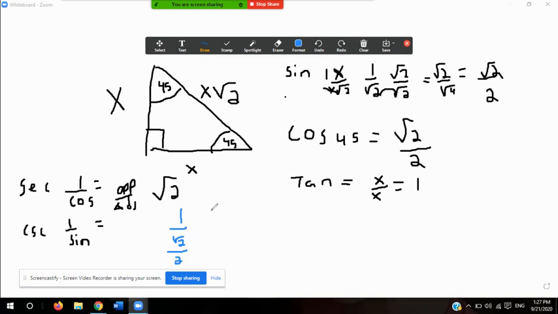And remember, 1 times 2 over the square root of 2, which is what happened in your book. And that would be 2 over the square root of 2, which means I have to rationalize the denominator and multiply everything by the square root of 2.